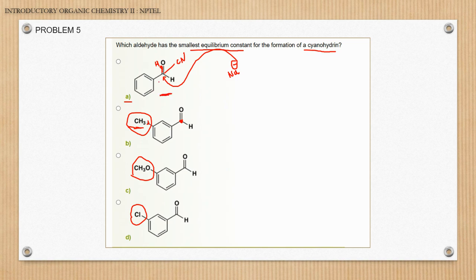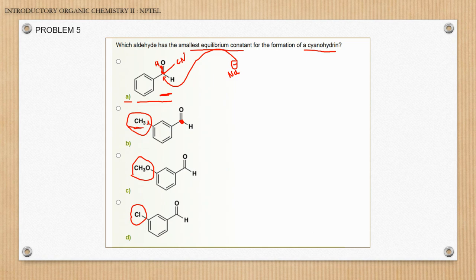If there is no substituent, this is electrophilic, right? The carbonyl carbon in turn is electrophilic, but if you are attaching a substituent at the aromatic ring, then the nucleophilicity and the electrophilicity of that particular compound varies. So how is it going to vary? If you take A as a standard, then in B the electron density at this carbonyl carbon is high. Why?